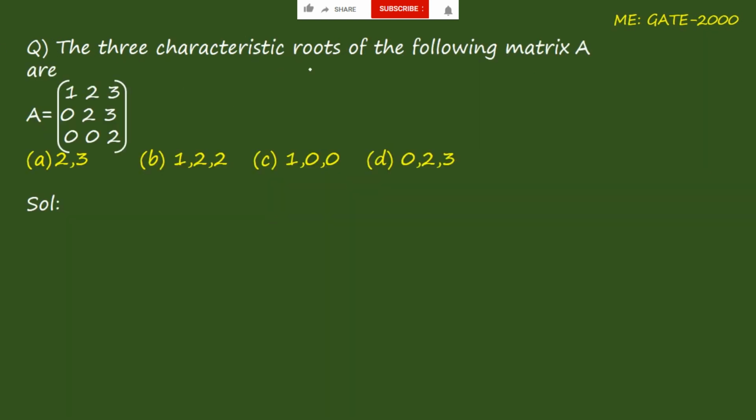Now coming to the next question. The question is: the three characteristic roots of the following matrix A are. Now they are asking for the eigenvalues. What are the three eigenvalues? You have to find them out, and the matrix is given here. If you see this particular matrix, it is nothing but an upper triangular matrix, right?